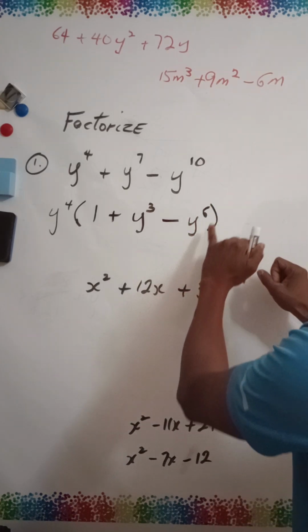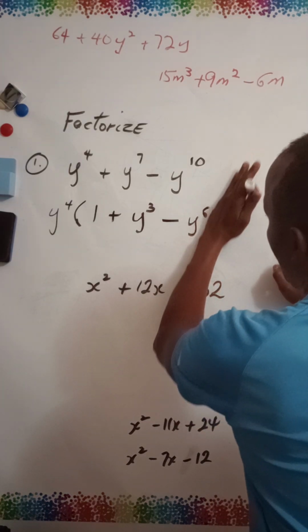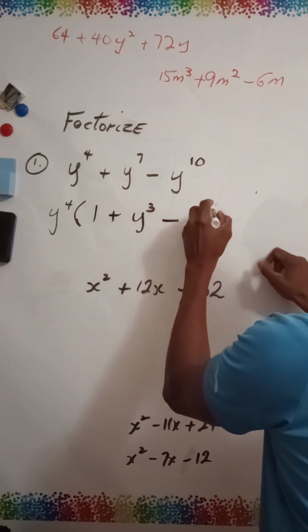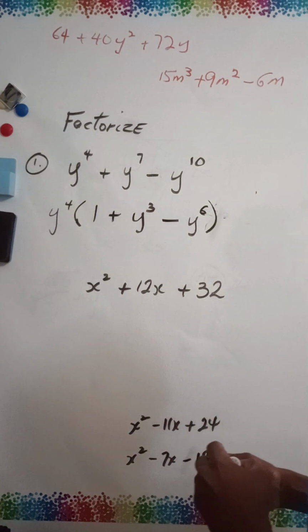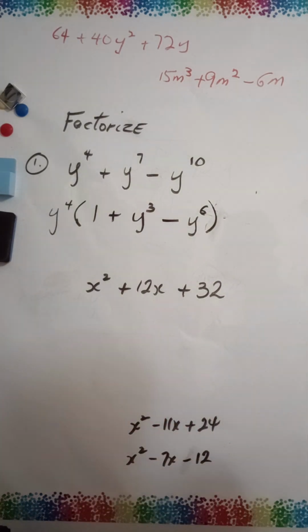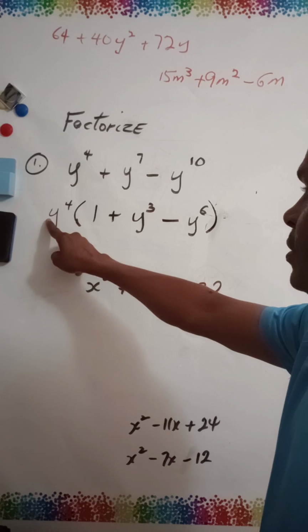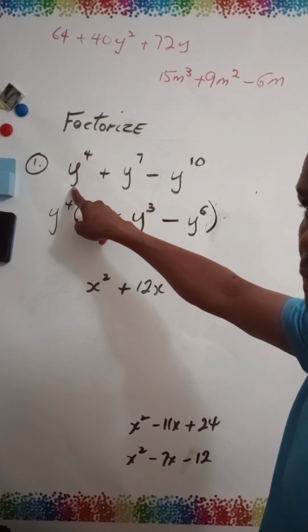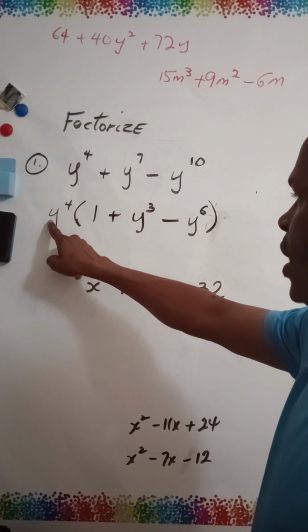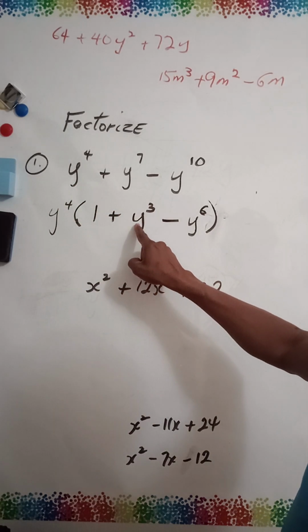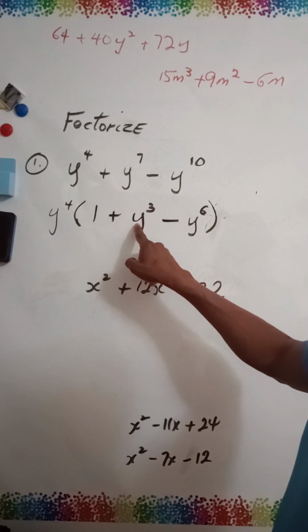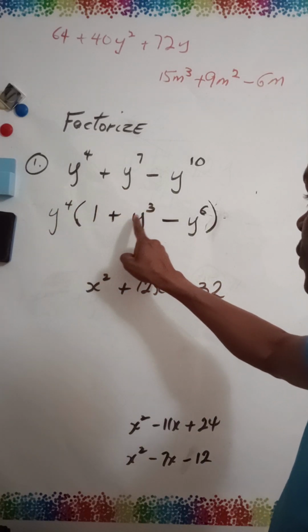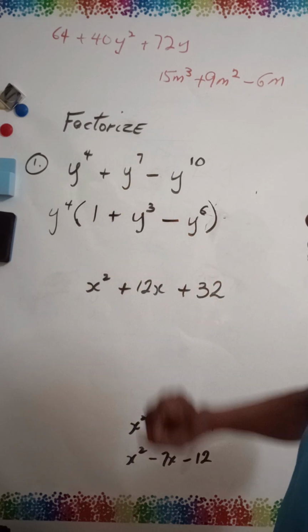If you look carefully, we can check it back by distributing y to the fourth times 1, which is y to the fourth. We get back to the original by checking. Y to the fourth times y to the third: whenever you're multiplying and the bases are the same, you add the exponents, so you write back the y, and 4 plus 3 is 7.